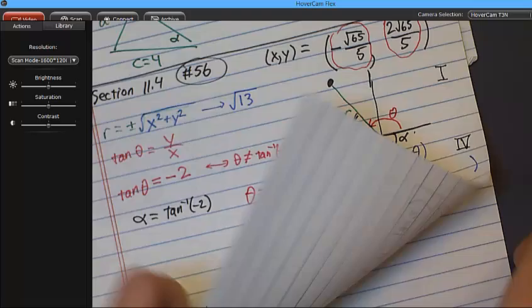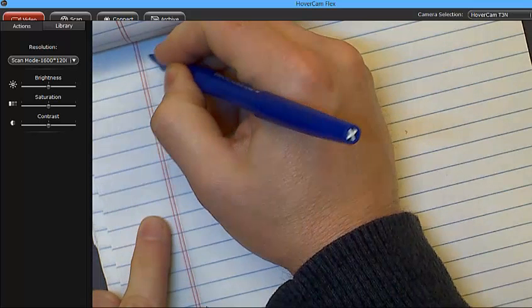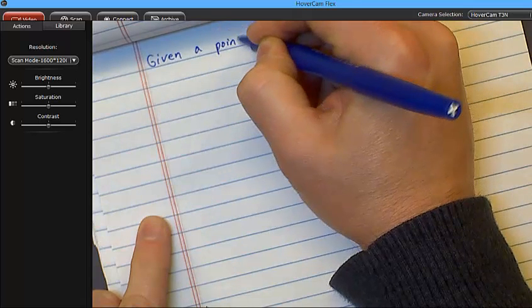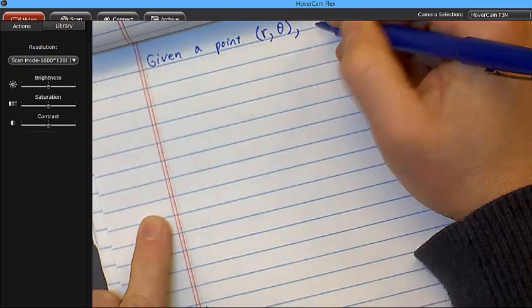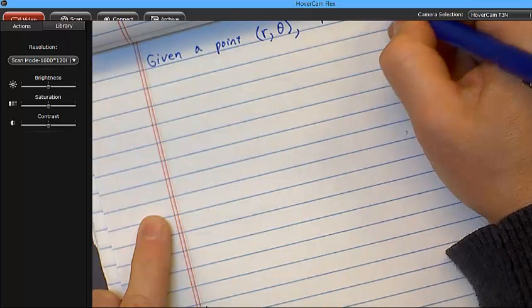So I'm going to give some advice here, okay? You know, when you plot x and y coordinates, I'm sure you do x first and then y. But if I'm given a point r comma theta, what I say you should do is plot theta first.